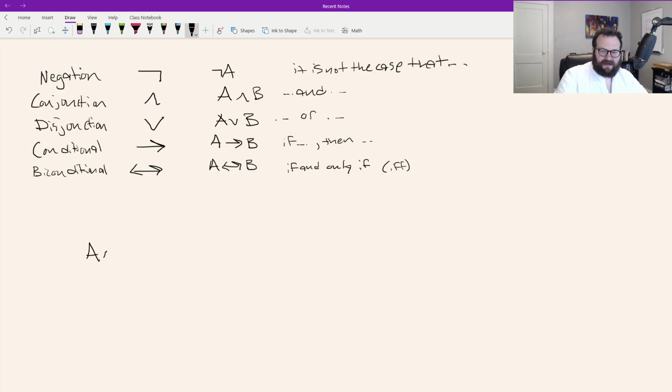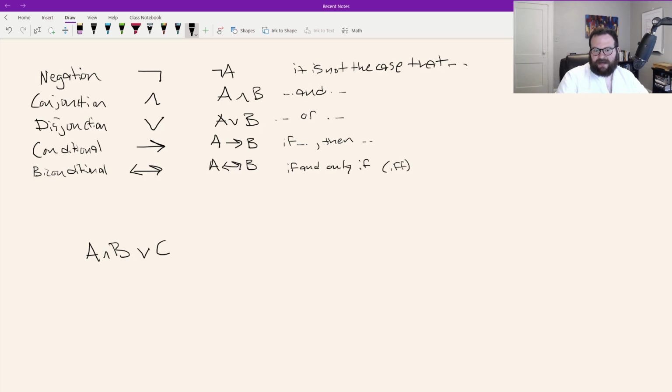So for example, I could say A and B, and perhaps I want to say, well, A and B or C. How would I do that? Well, I would need another sign for "or" here and C. But that's not enough, because if I leave it like this, it's ambiguous.